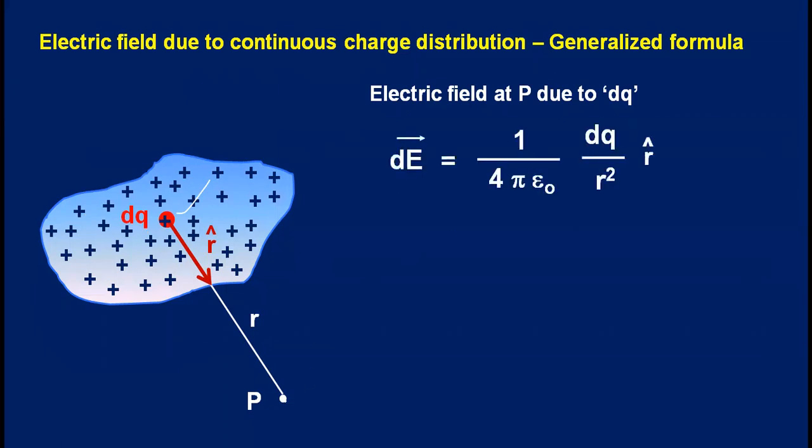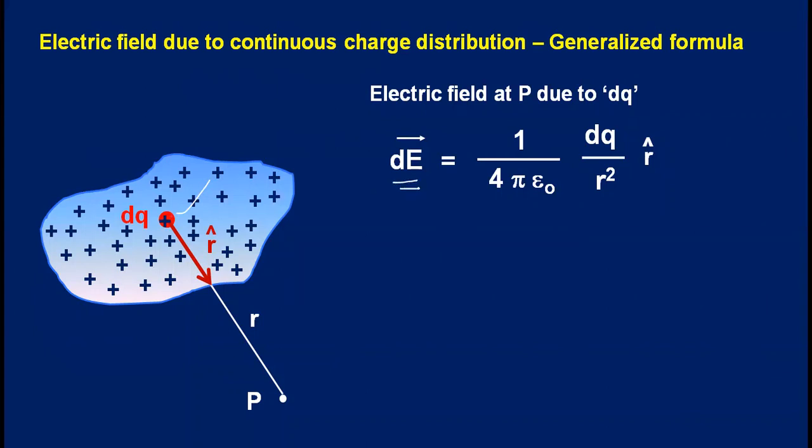So electric field at the reference point P is given by 1 by 4 pi epsilon naught into, here the source charge is dq, the magnitude of the source charge is dq. So dq over distance of the reference point is r, so r square into r cap, where r cap is the unit vector directed from the point charge to the reference point. And since this is the electric field due to a very small charge, infinitesimal charge, the value of electric field is also going to be infinitesimal.